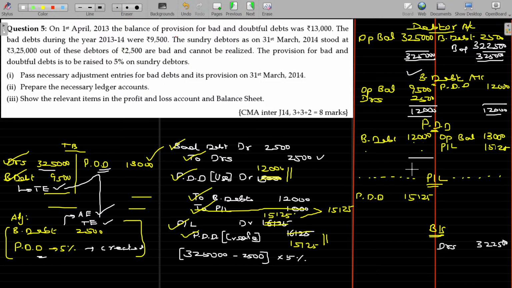And provision for doubtful debts, 28,125. We end up with a balance of rupees 16,125. That balance is supposed to be maintained. That's how the question is there, right? That amount can be subtracted from the debtors account, 16,125, and balance will be shown as a debtors balance. Is that okay? Come on, make a note of it. 8 marks. For this, it is 8 marks.